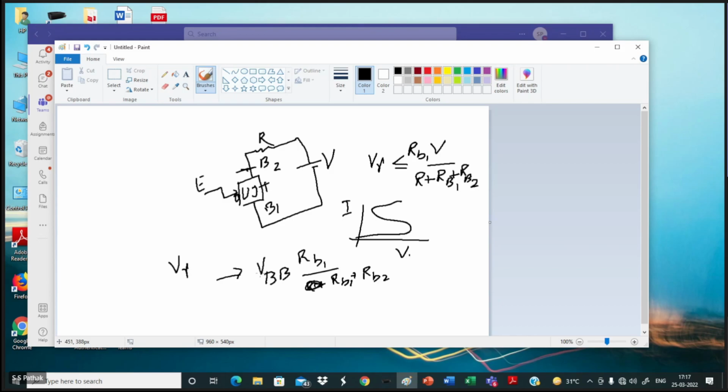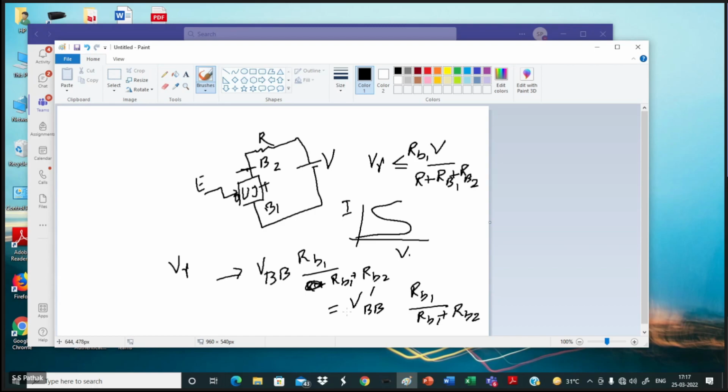Now it is changed, so it will become VBB dash now. This VBB at this point will become VBB dash. So it will be your VBB dash into RB1 by RB1 plus RB2.